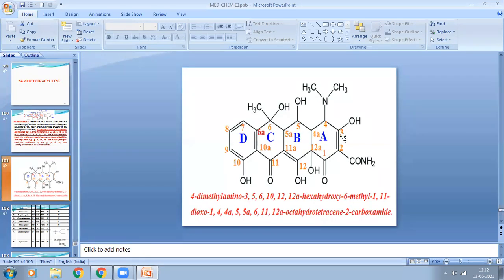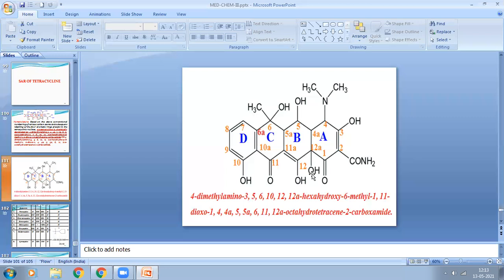Now octahydro means what? Octahydro means either hydroxyl group or hydrogen. You see here, in the 3 position, a hydroxyl group is there. 5 position, hydroxyl group is there. 6 position, hydroxyl group is there. 10 position, hydroxyl group is there. 12 position, hydroxyl group is there. 12a, hydroxyl group is there.